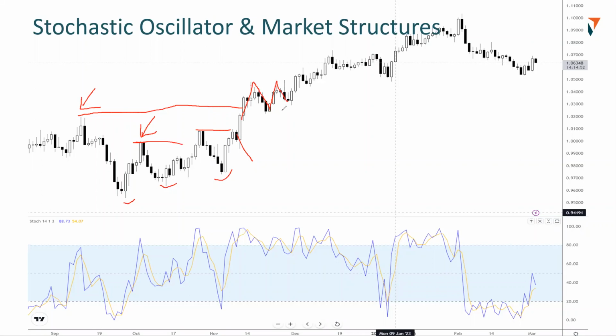And this consolidation over here, so this is probably not the best example, but ideally we want to find a support zone where price comes into, and this is also in line with stochastics exiting this oversold region. This is not the best area, but if I extend it across this region, there is a resistance and support level.